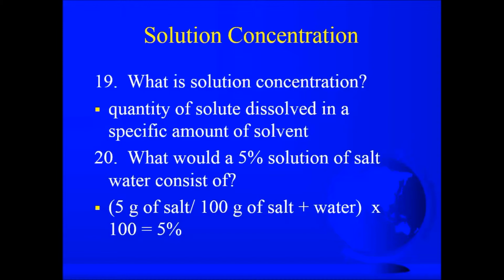So the answer should have been 5 grams of salt, and then however much is left over to make 100 grams of solution, which should be 95 grams. Got it? But the most common mistake is people say, well, it's 5 grams of salt and 100 grams of water. That's like saying 5 guys and 100 girls, when really it should have been 5 guys over 105 kids total.